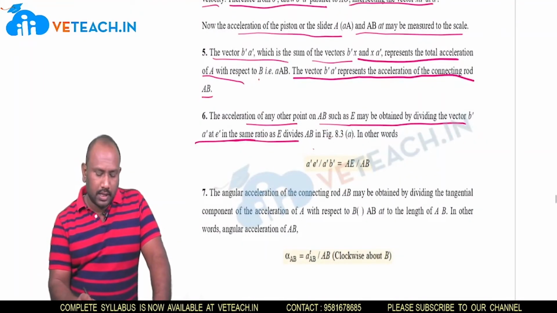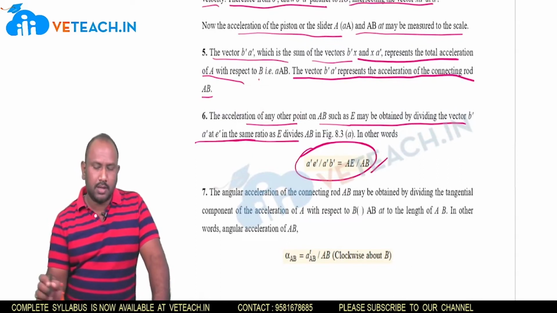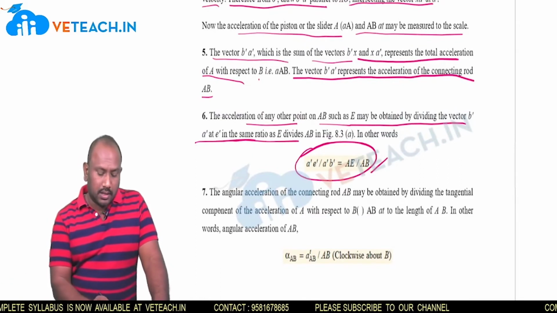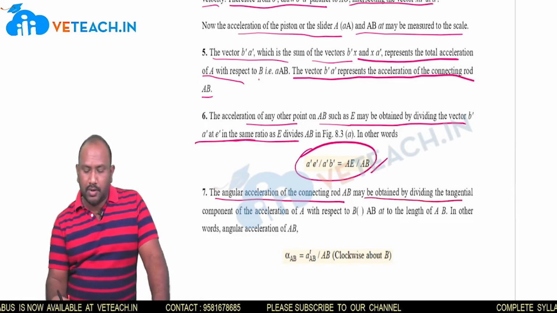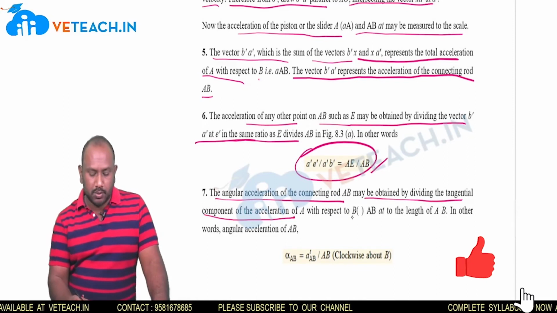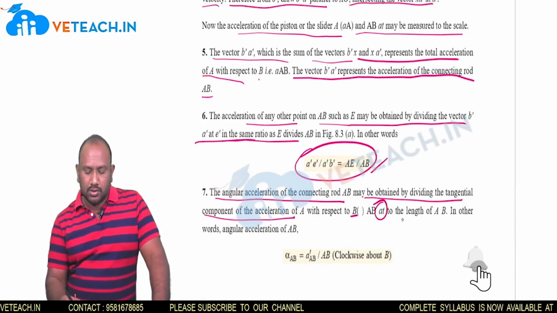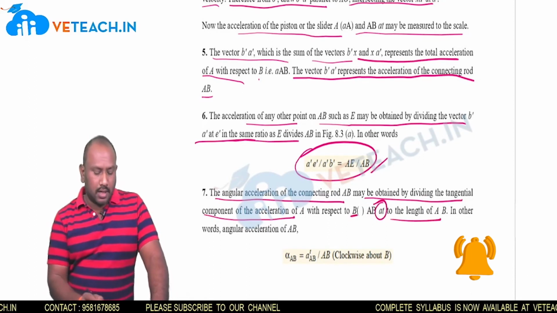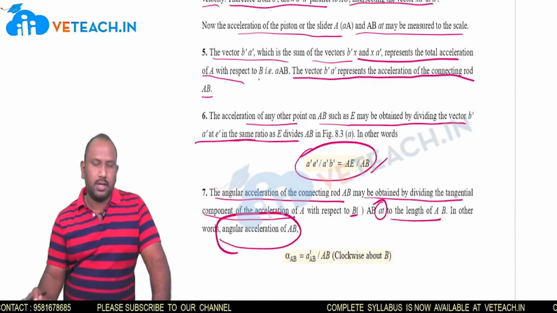By this we get A dash E dash by A dash B dash equal to AE by AB. Similarly, the angular acceleration of the connecting rod AB may be obtained by dividing the tangential component of the acceleration of A with respect to B, which we call a T here, by the total length AB. In other words, we can call it the angular acceleration of AB.